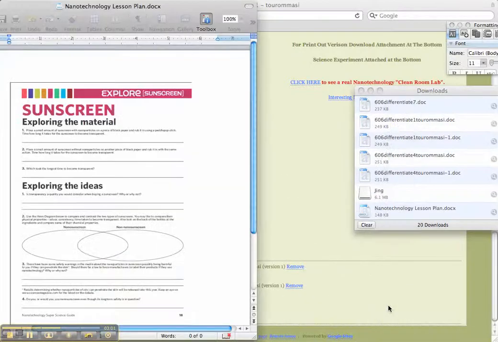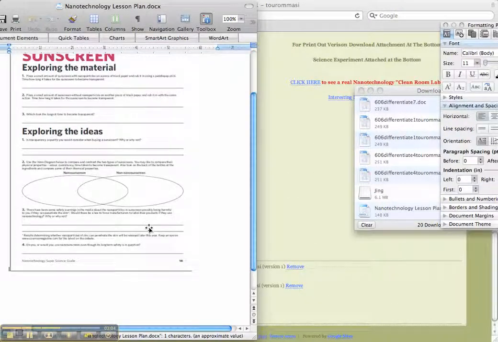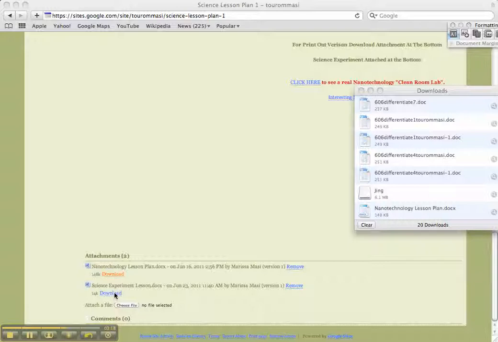Let me pull it up. And to compare using a Venn diagram, nano sunscreen versus non-nano sunscreen, what they would prefer to use, the quality of the sunscreen. I also have attached at the bottom my lesson plan.